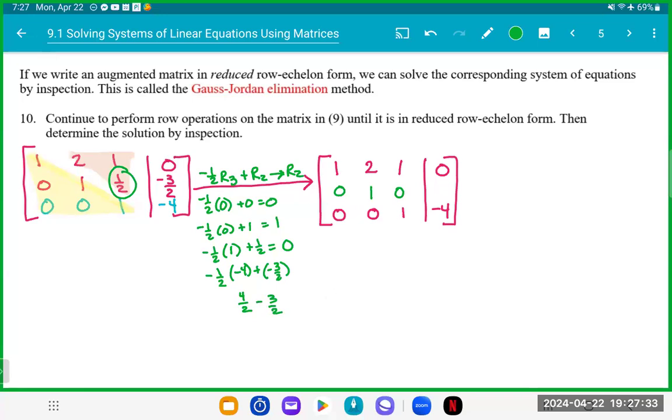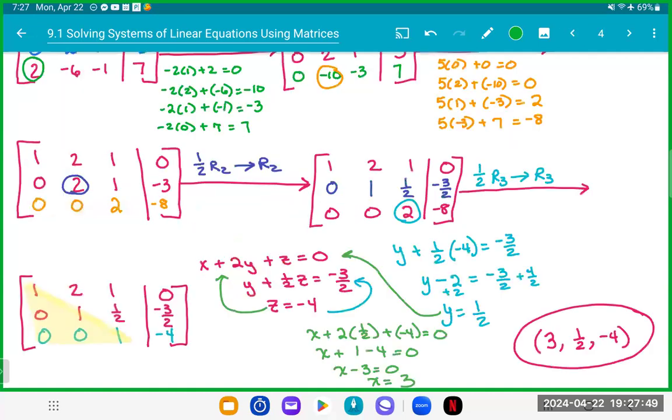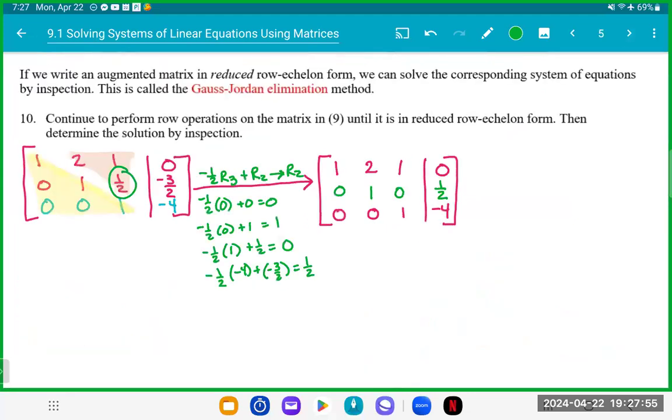So that's going to give me a 1/2. Okay. Any questions so far? And that actually lines up with what we already determined, that y is going to be 1/2, right?